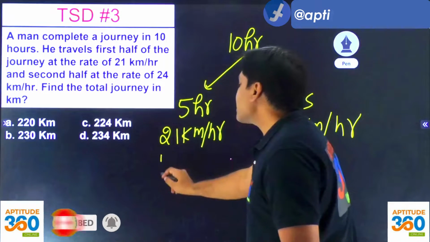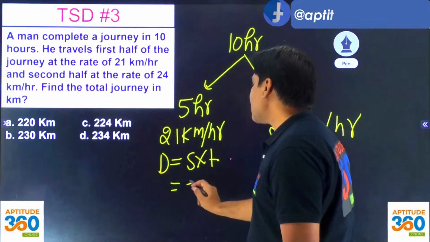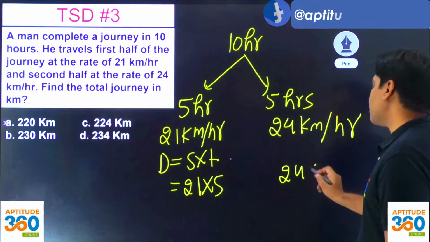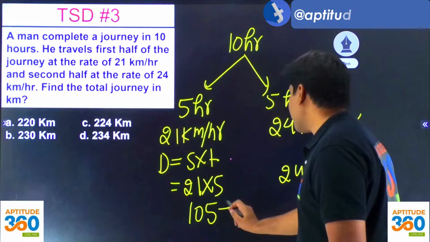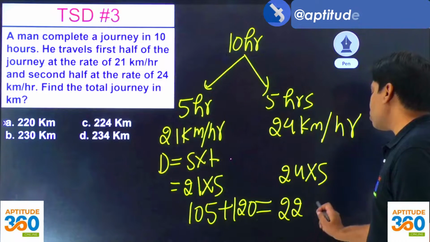Now distance is equal to speed into time. So they will multiply these two values, 21 into 5. And in this case it is 24 into 5, and this one comes out as 105 and this is 120, and the answer comes out as 225.